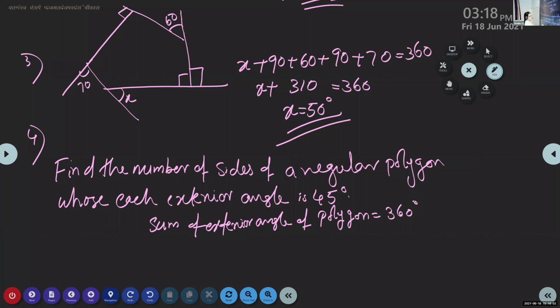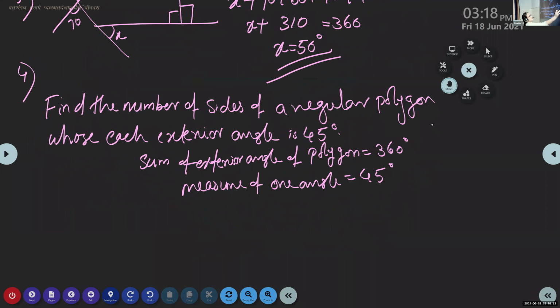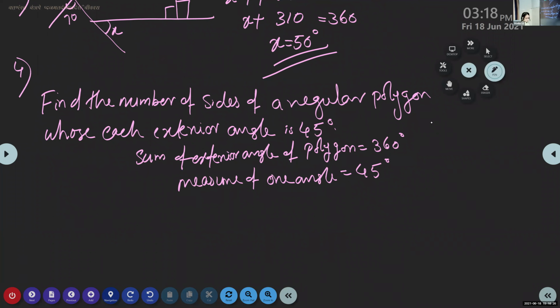Measure of one angle is equal to 45 degrees. Therefore, the number of sides or number of angles we will find first. Number of angles is equal to 360 by 45, and that will be the number of sides also. Number of angles and number of sides will be equal.